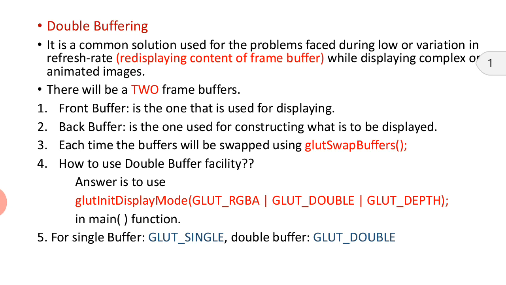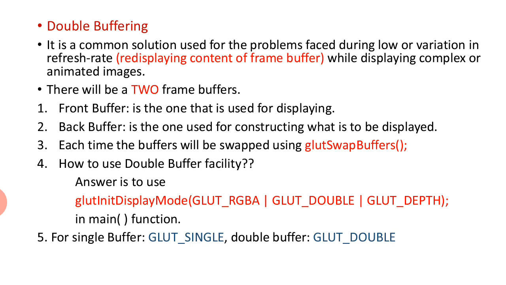Today, we are going to discuss the topic of double buffering. It's a very important concept in the creation of complex and animated images in computer graphics. Normally, we use the concept of double buffering whenever we implement programs using OpenGL.